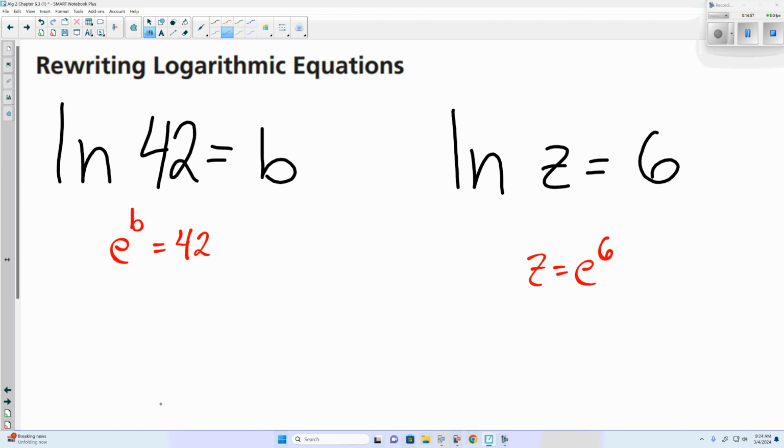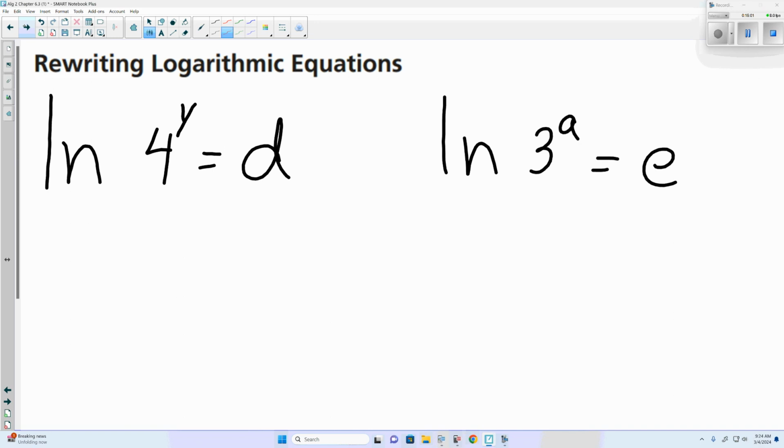Questions on these two here? Ln of 4 to the y is equal to d. This would be what? 4 to the y is equal to e to the d.